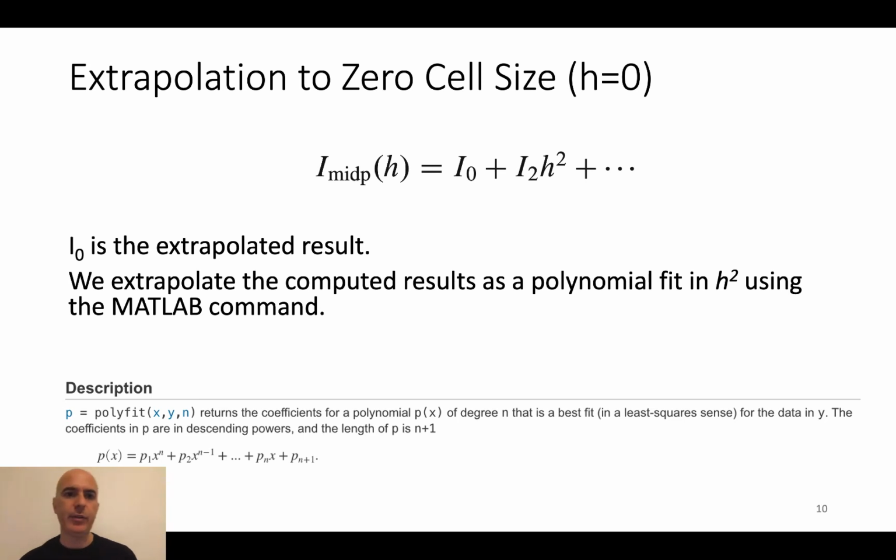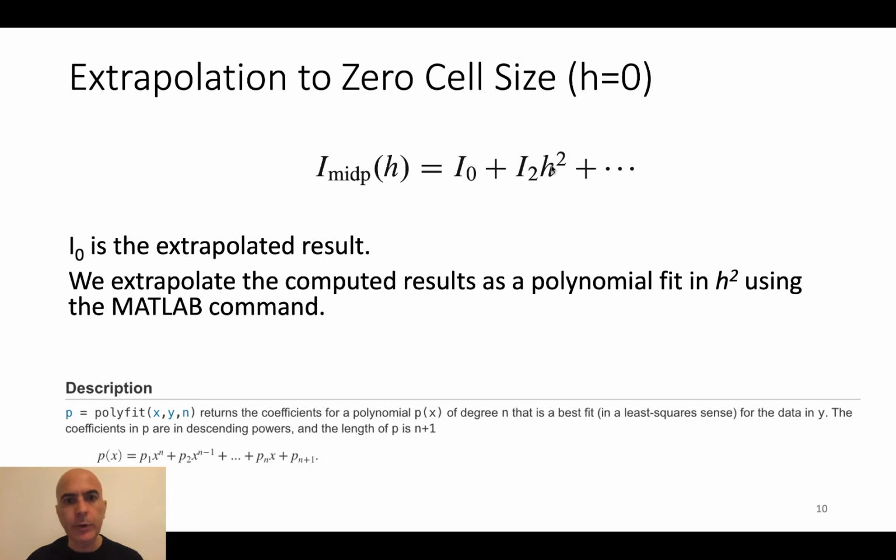So what is actually the trick here? Well, the trick is that we have our values that we got from integration, and we can approximate them as different powers of h. The scheme is second order accurate.